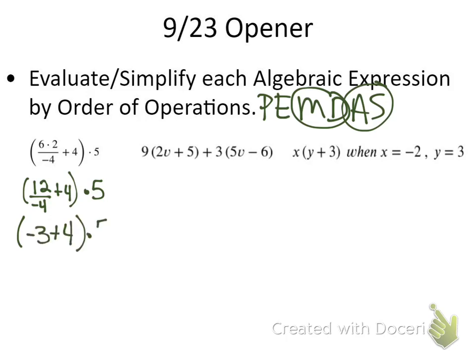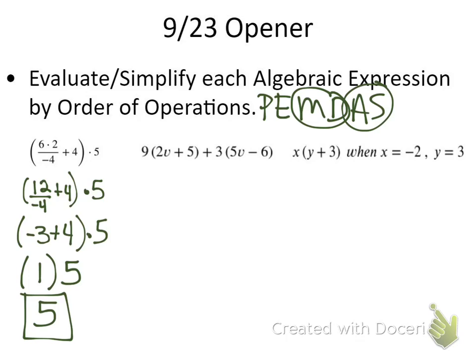Okay. Now what? Then I added it and then I multiplied. We got what? Oh wait, 5. Positive 5. Good. Any questions on that one there? We feel pretty good about that one? Good deal. Okay, moving right along.